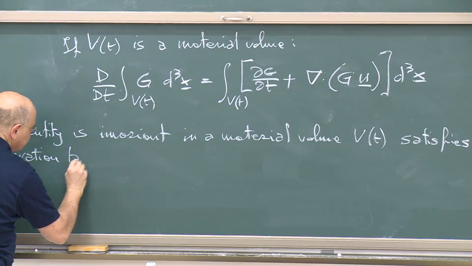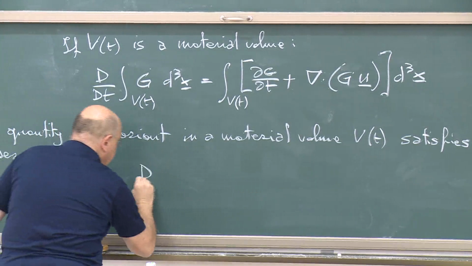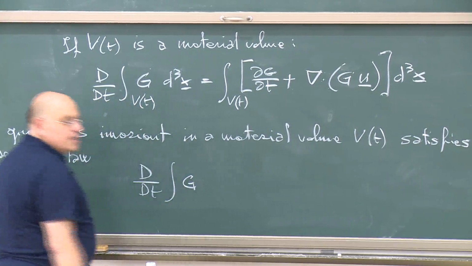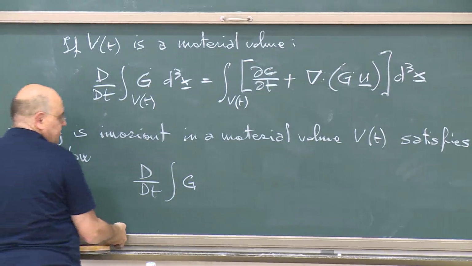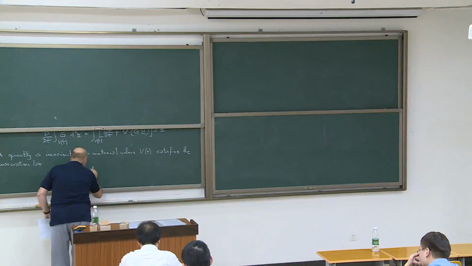The conservation law is given by d/dt of the integral. Imagine g is a density, a scalar quantity, over Vt in d3x.